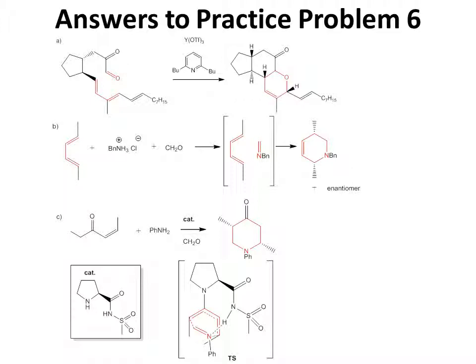You generate an enamine from the catalyst and the alpha-beta unsaturated ketone, and then the imine made from the aniline and formaldehyde is coordinatively placed over the diene to form the single enantiomer upon hydrolysis, releasing the catalyst and the product.